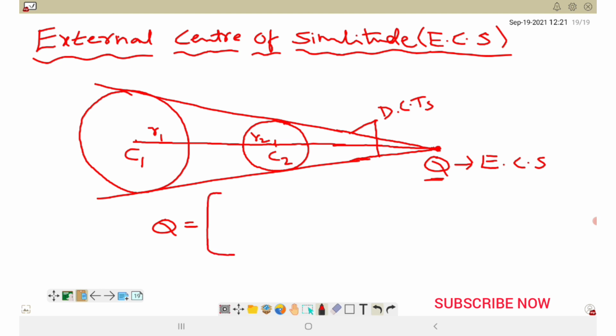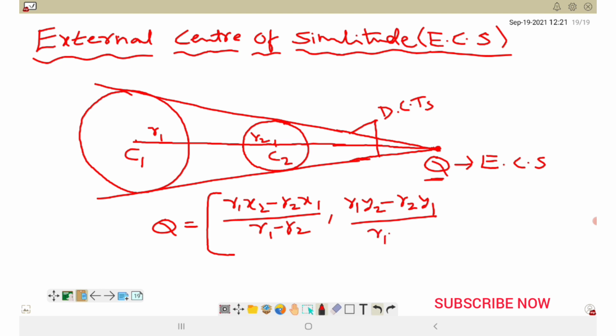Q divides C1 C2 in the ratio R1 is to R2 externally. So Q is equal to R1 x2 minus R2 x1 by R1 minus R2, comma, R1 y2 minus R2 y1 by R1 minus R2.